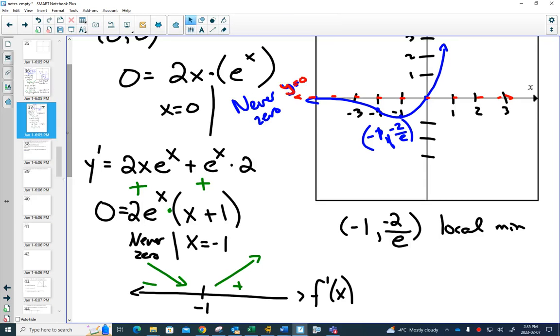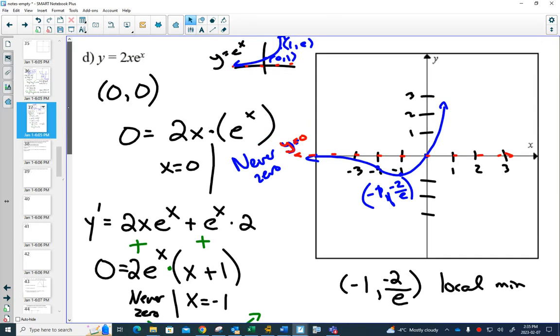If you think about this, as you plug in a very large negative number, can you see that e to the x goes to 0? And 2x goes to negative infinity. So we have to do some upper level calculus to make sure we know that there's an asymptote, and double check it on our graphing calculators.